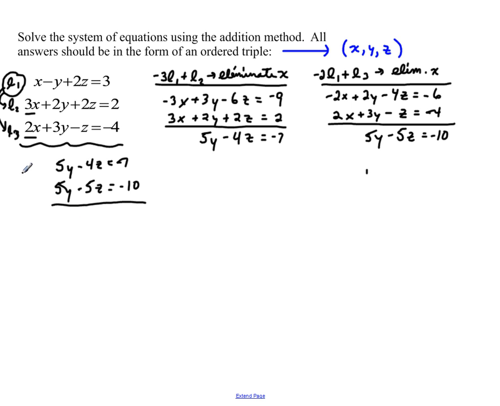Well, we take our new equation 1 and our new equation 2 and combine them in such a way that one of the variables drops out. And it looks like y is the obvious candidate right here. So this time, let's see which one we want to reverse. Let's say I'm going to take this equation 1 and I'm going to add to it -1 times everything in equation 2 to eliminate y.